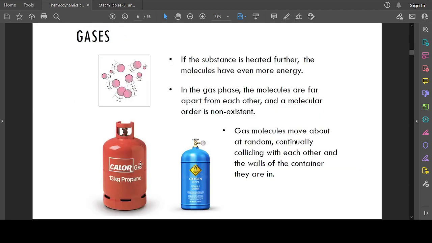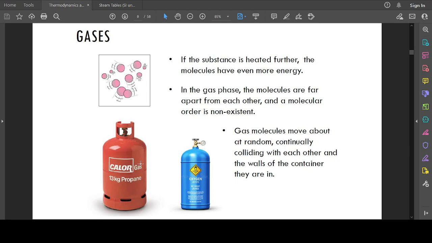Now, if the substance is heated further from the liquid phase, then the molecules become even more energetic, and the movement of the molecules becomes more random. Then the intermolecular forces are very, very weak, more or less non-existent.